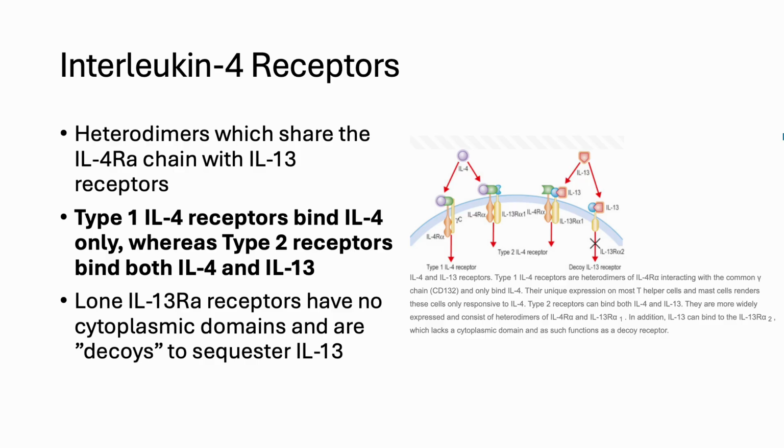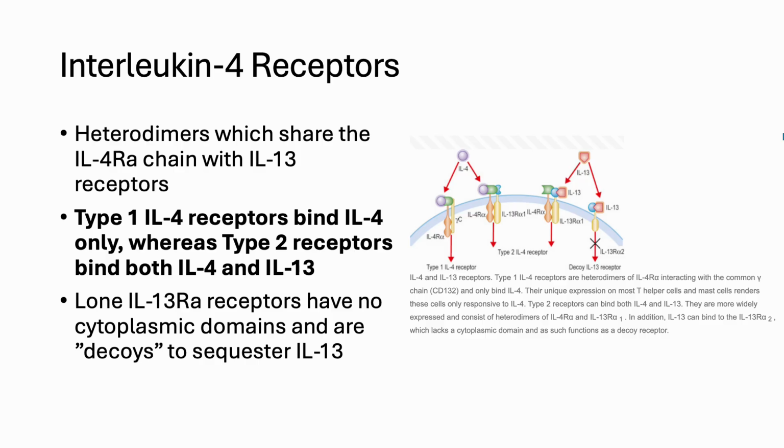So this is an interesting way to think about how IL-4 and IL-13 could be very, very related. Part of the reason why they have such similar functions and are so closely related in the context of allergic diseases is that they actually share a receptor, which is very interesting to think about.